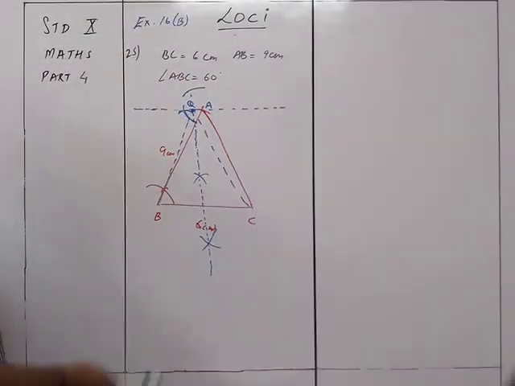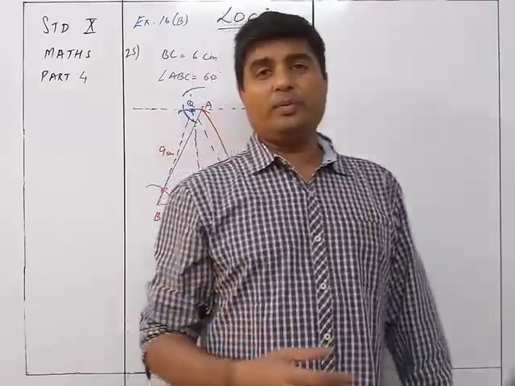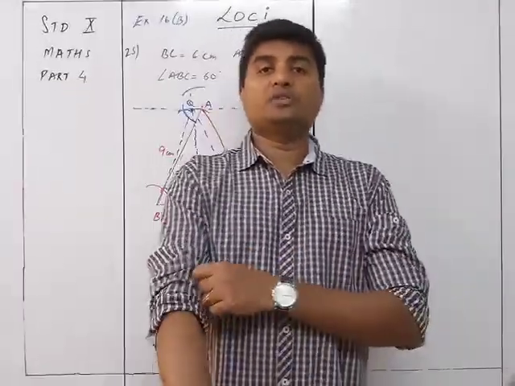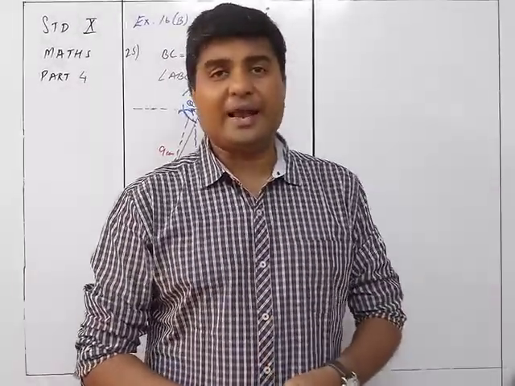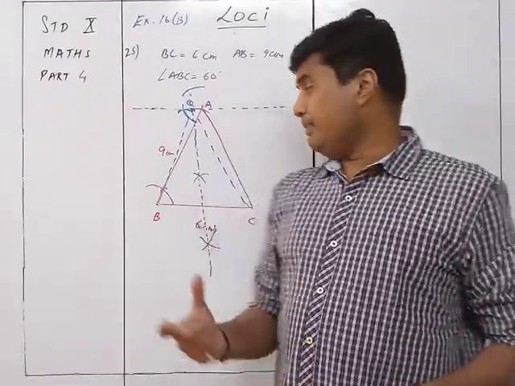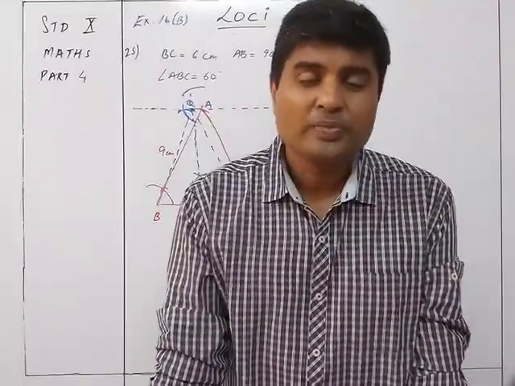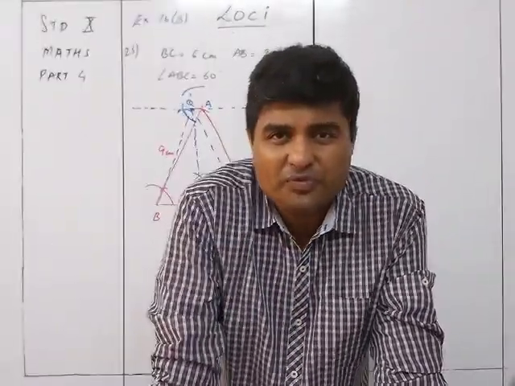You can see the construction required was quite simple, but you did two important things over here. One was the use of the area theorem from the ninth standard, that triangles with the same base and between the same parallel lines have equal area. That is the method we followed over here.